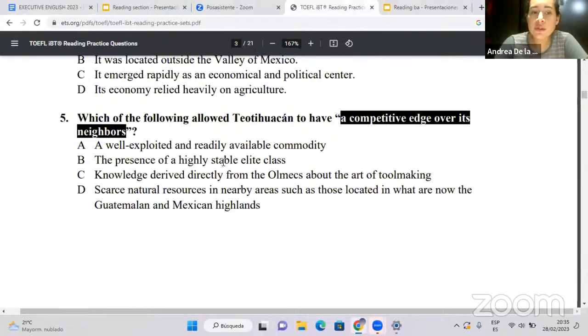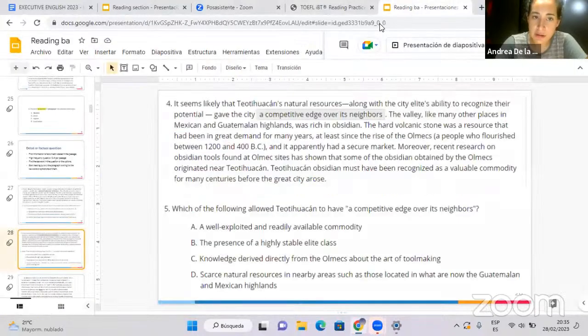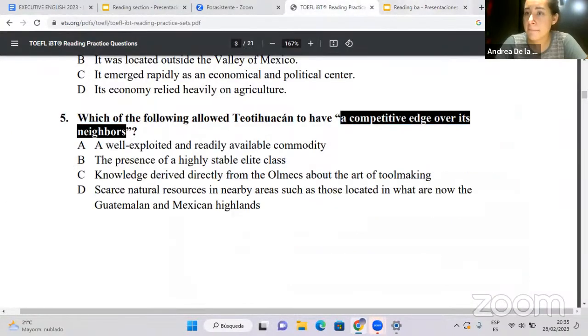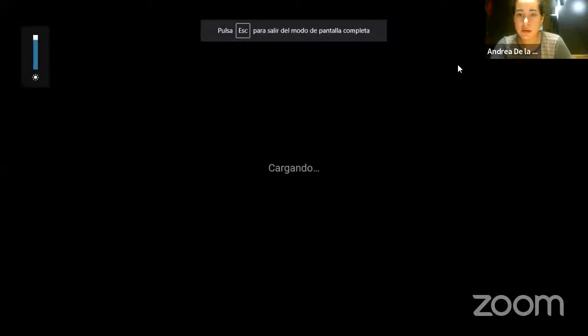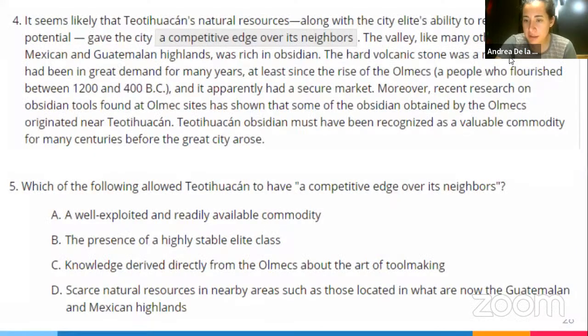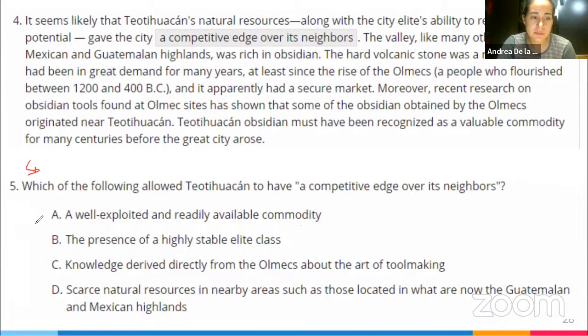So we're gonna be answering question number 5, which is the detailed question in the paragraph. It's the one that starts with which of the following allowed. But I'm gonna use my slides, my presentation, because we have the paragraph and the question in one. Valentina, could you please read the question and the options, please. Okay. Which of the following allowed Teotihuacan to have a competitive edge over its neighbors?